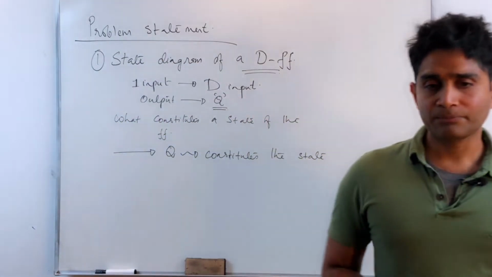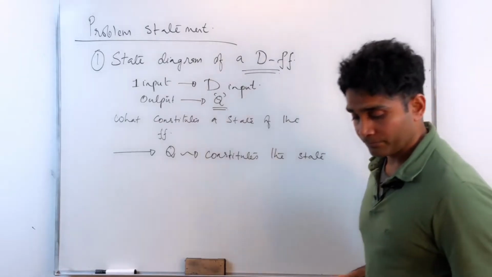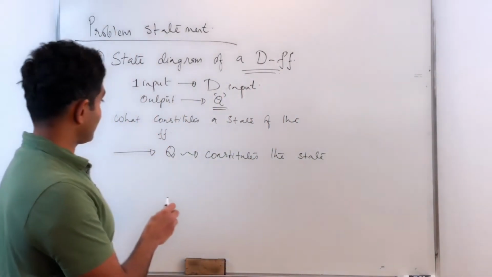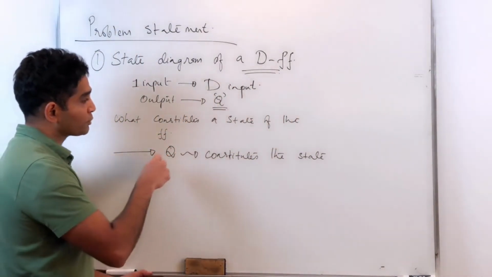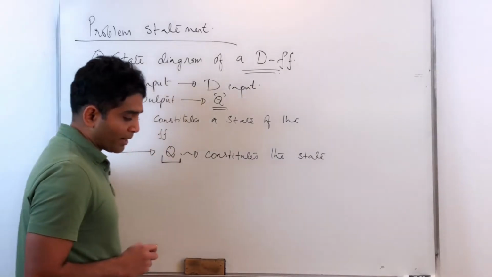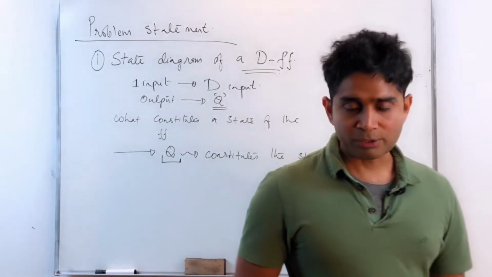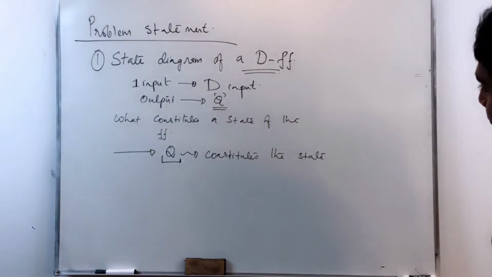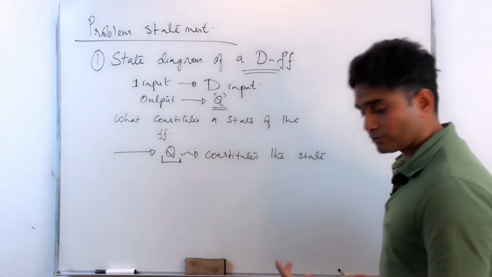The first example, the state diagram for a D flip-flop. I have two states because the way I've defined what constitutes the state is the value on Q, where the Q can take two values, 0 and 1.